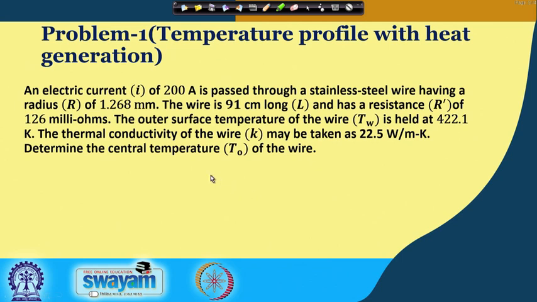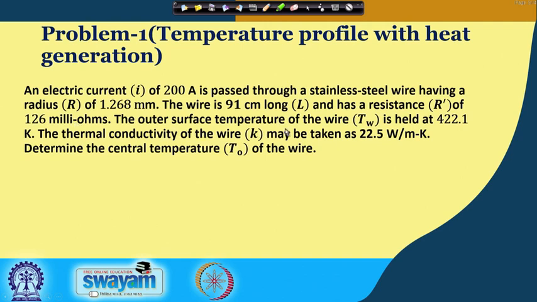It reads like this: an electric current of about 200 amperes is passed through a stainless steel wire having a radius of 1.268 meter. The wire is 91 centimeter long and it has a resistance of 126 milliohms.